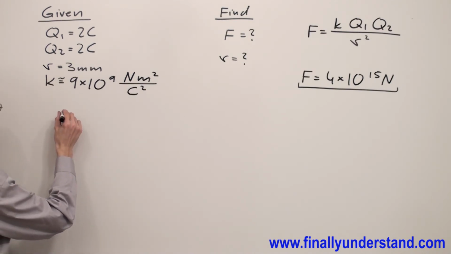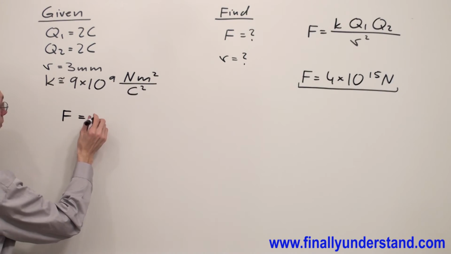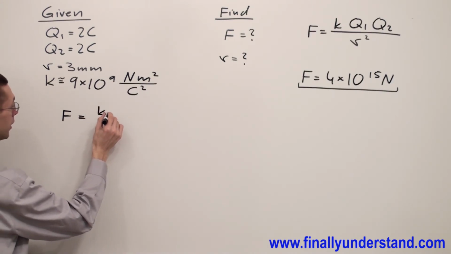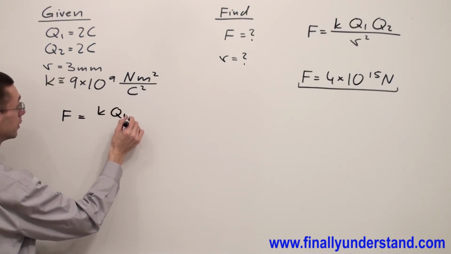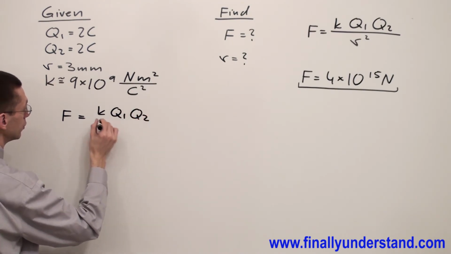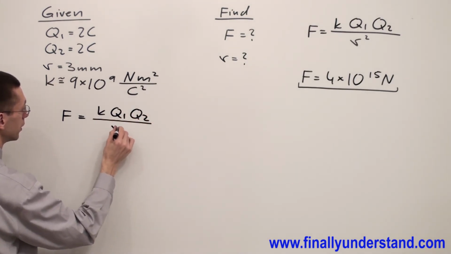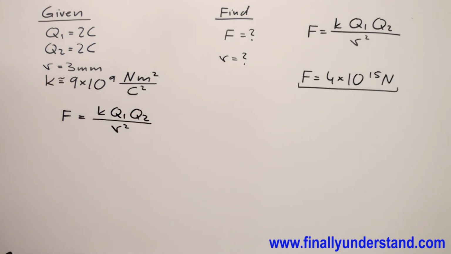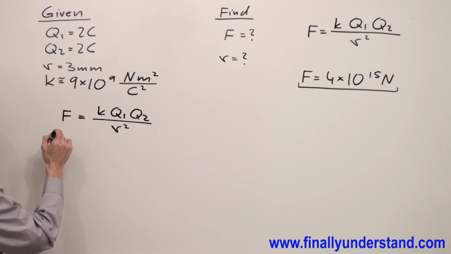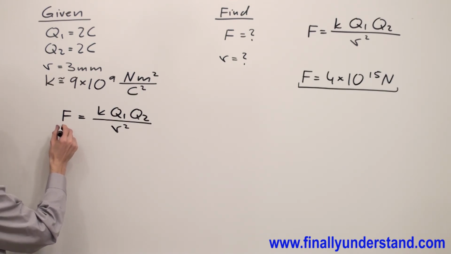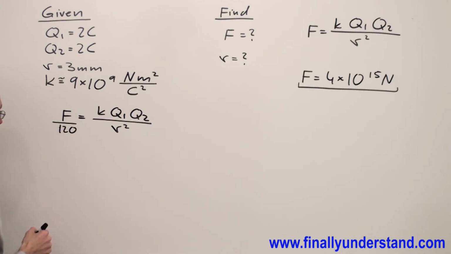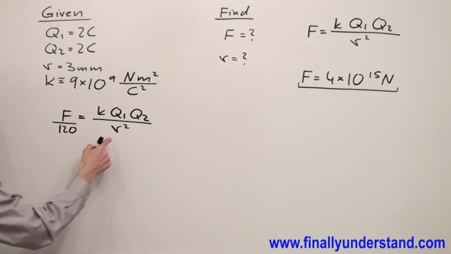I have F equals K Q1 Q2 over R squared. But this time I have to make sure that my force is going to be weaker 120 times. That's why I'm going to write F over 120. And I have to find the distance.